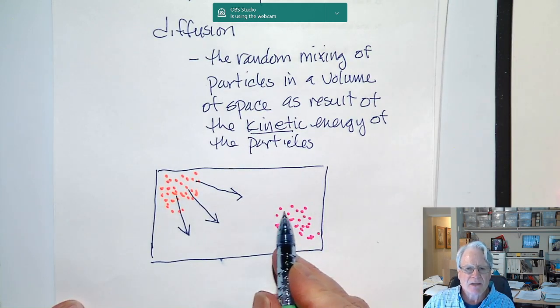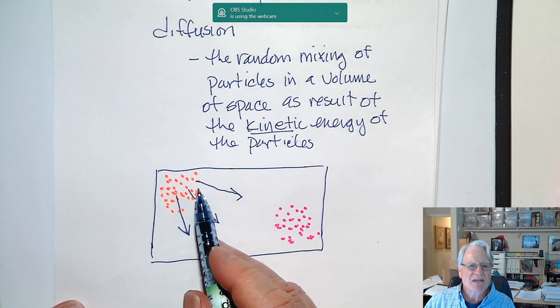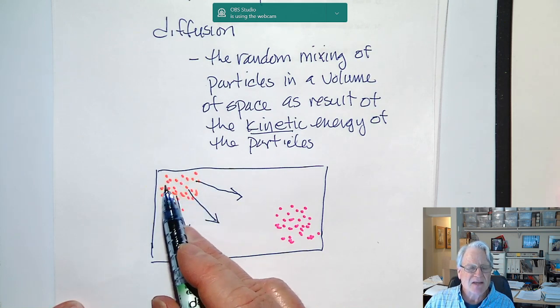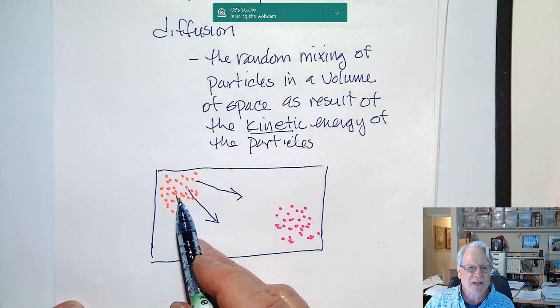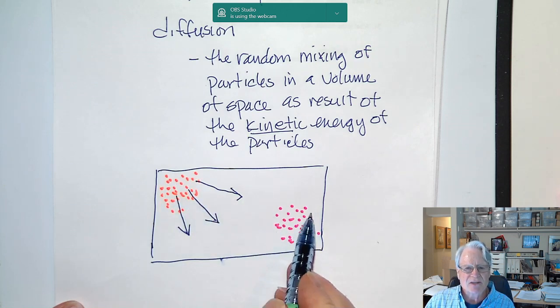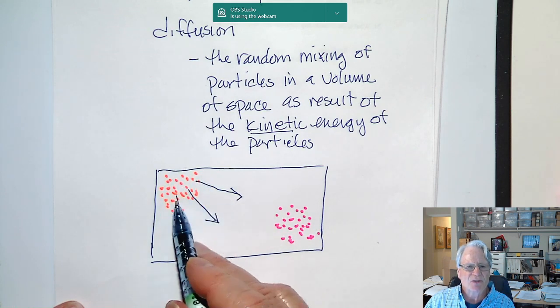These pink particles will not see the orange particles. The orange particles are acting as if they are in the world all by themselves. They interact with themselves, but they do not interact with these. These will interact with themselves, but they will not interact with the orange particles.